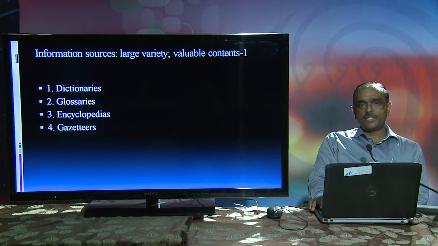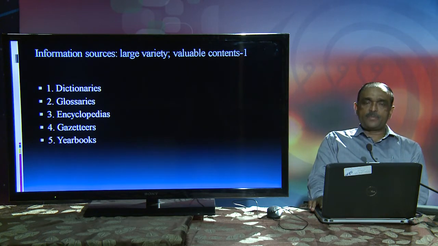Gazetteers are published for almost every district, and the minute places of those districts are covered in gazetteers. In India, gazetteers are published by the state governments as well as by the national government.